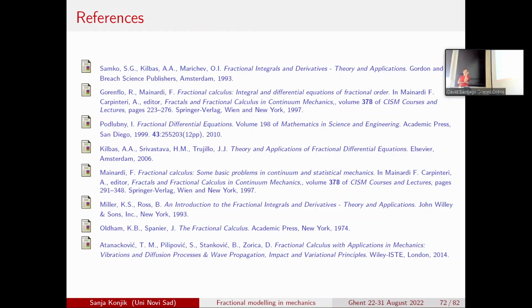And I extracted here only those monograph books from which we learned the theory, like the most famous one by Samko, Kilbas, Marichev, or Kilbas, Srivastava, Trujillo, Miller and Ross, and so on. So if you're interested in the theory, you should start from reading these books. There is also, in 2 volumes, the book by Atanacković, Pilipović, Stanković, and Zorica, where they collected different problems which we were solving using fractional derivatives, and also the problems I presented here.